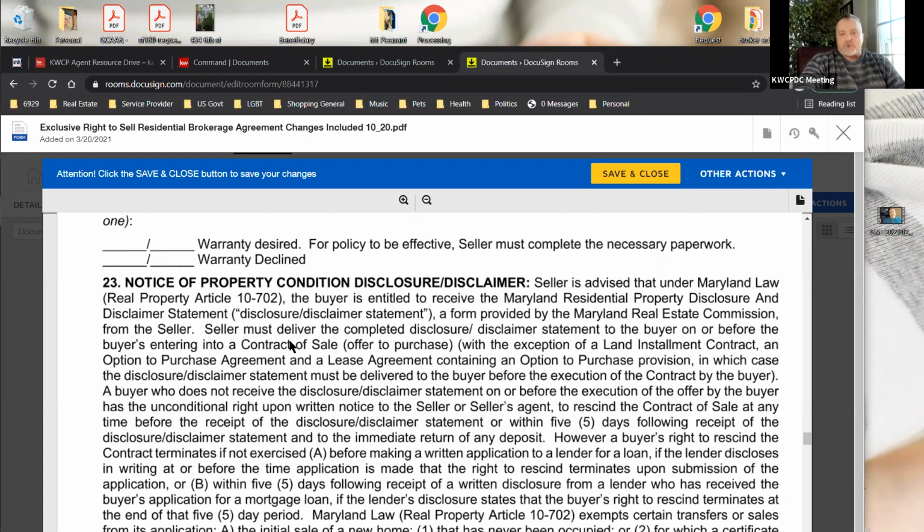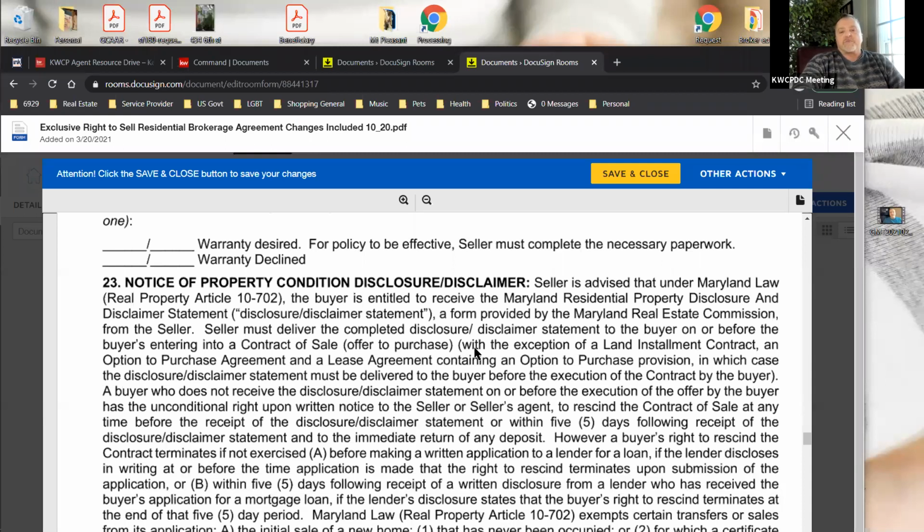The best way to handle that is to upload it into View Docs in Bright MLS, so that when the buyer's agent selects the listing in the MLS, they can click on the tab and download all of the documents. That's the best way we can ensure that the seller has delivered it to the buyer on or before the buyer entering into the contract of sale.